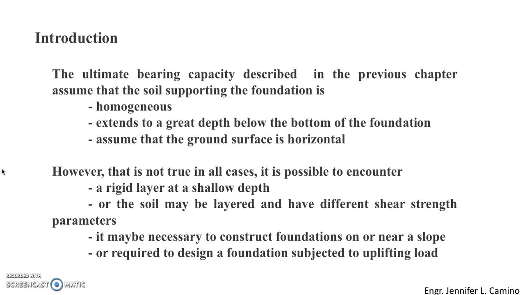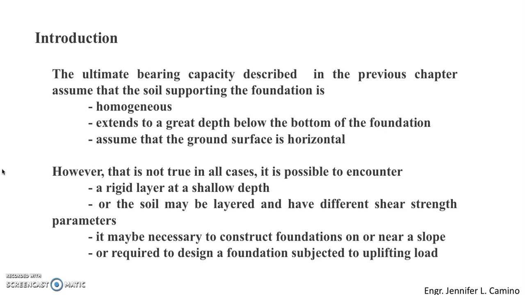We have to take note that this is different. The consideration in this chapter is different from the previous chapter because in the previous chapter, there was an assumption that the ground surface is horizontal and the soil that supports the foundation is homogeneous, but it's not true in all cases.